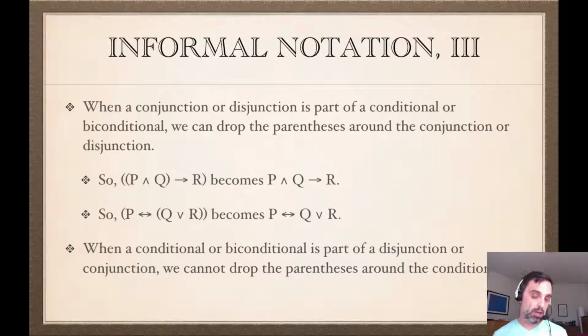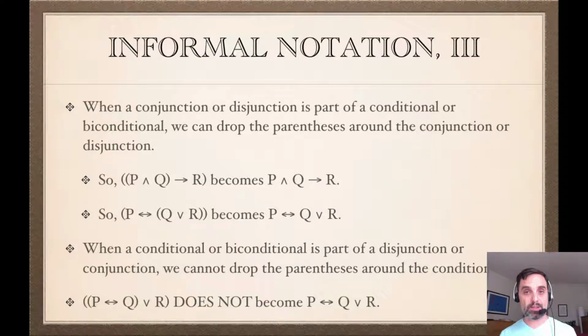And if you see P, double arrow, Q, V, R, then again the double arrow goes higher in the tree, and that tells you how to put the parentheses back. When you're in informal notation, arrows are higher in the tree, V's and wedges are lower in the tree.